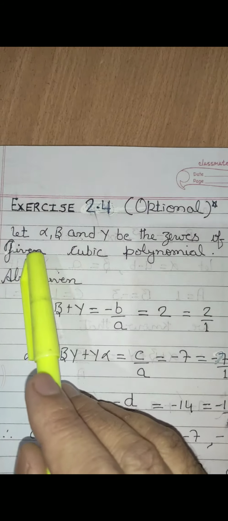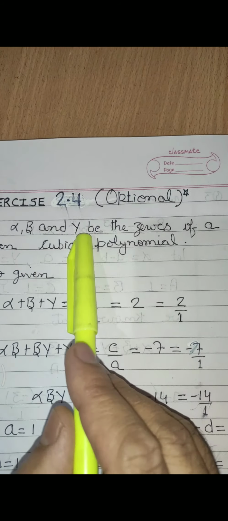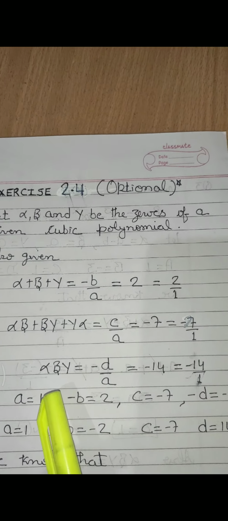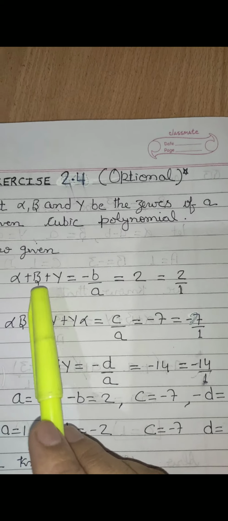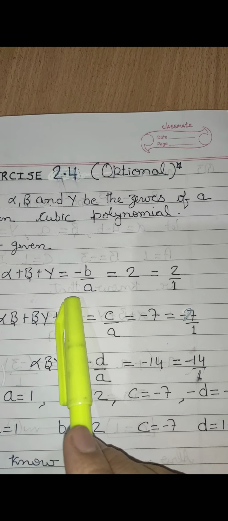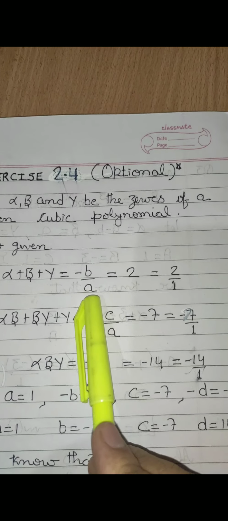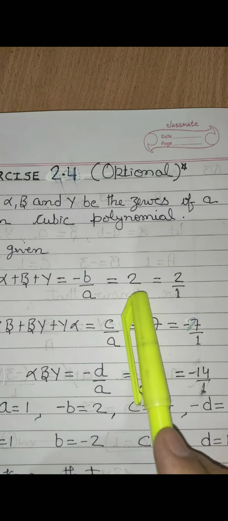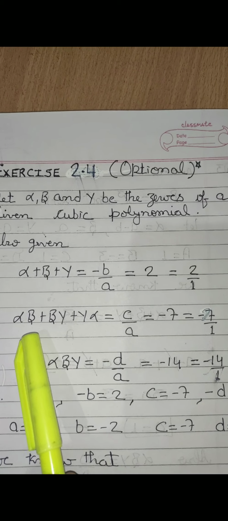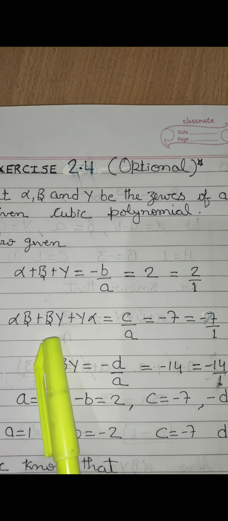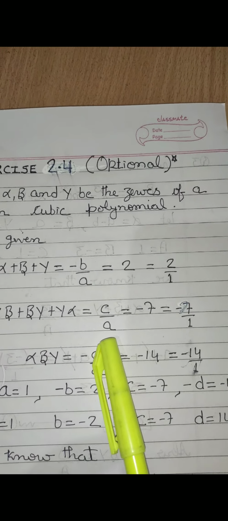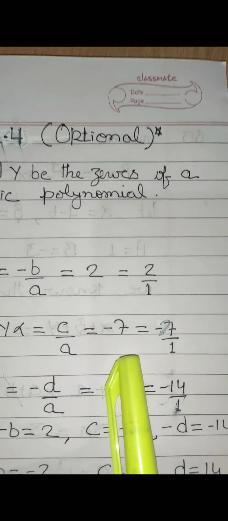So we assume let alpha, beta and gamma be the zeros of the given cubic polynomial. Also alpha plus beta plus gamma, by the formula relationship with the coefficients, is minus b upon a, and its value is given as 2. Then the sum of the product of zeros taken 2 at a time, alpha beta plus beta gamma plus gamma alpha, is equal to c upon a, and its value is given.